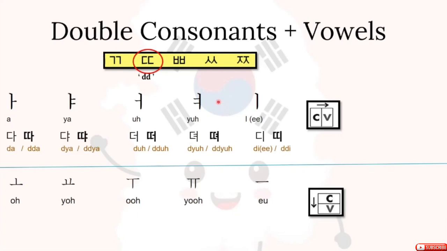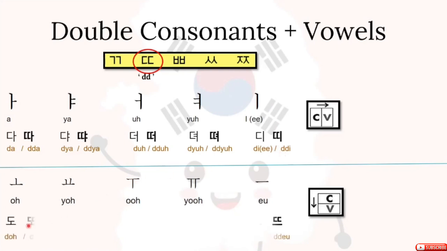For double consonant, D and yeo becomes dyeo. Next one. D and e becomes de. For double consonant, D and e becomes de. Okay?